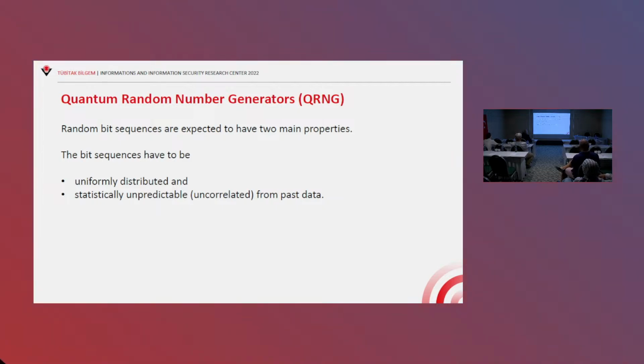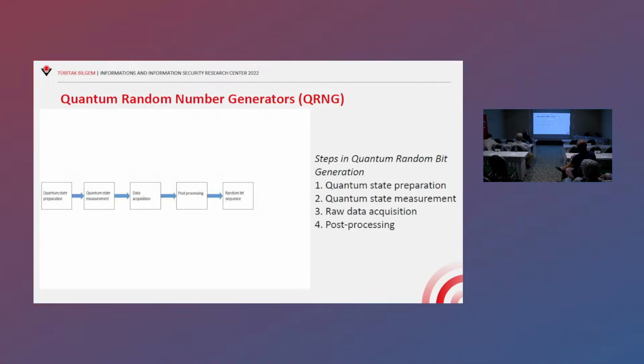It shouldn't be possible to compute the future data based on past data. So to ensure this statistical characteristic, one would make sure the data is uniformly distributed, statistically unpredictable, and uncorrelated. So this would require post-processing. And this diagram basically summarizes what I just said.